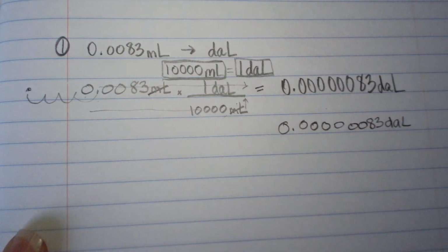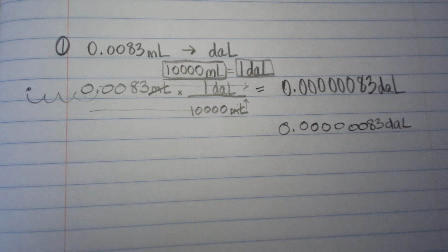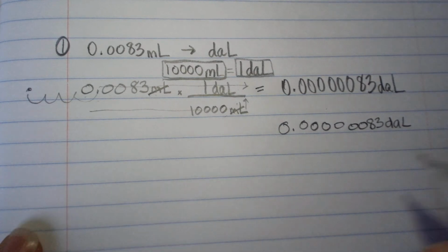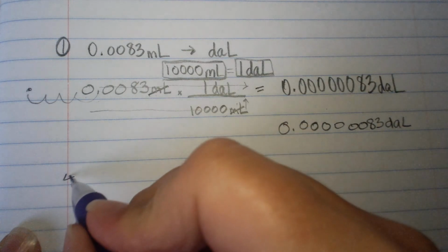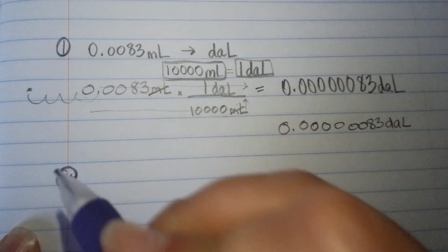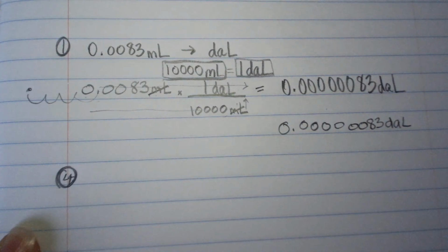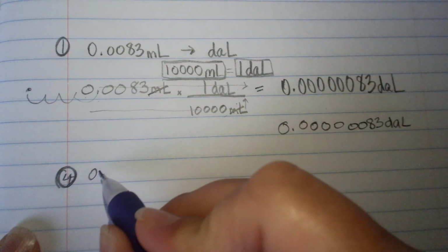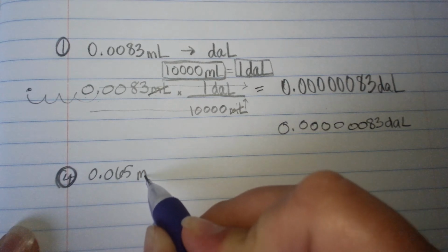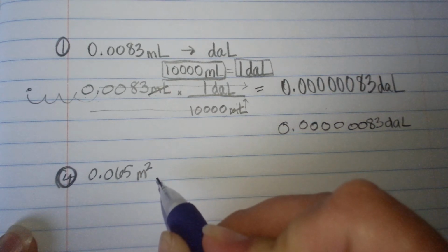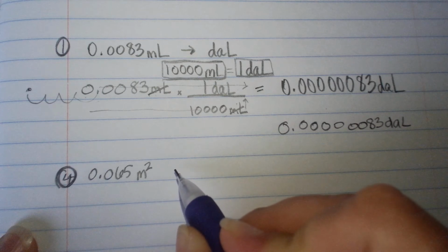So let's scoot down, and let's do number 4. Okay? Pencil. Number 4 says 0.065 meters squared is equivalent to how many centimeters squared.